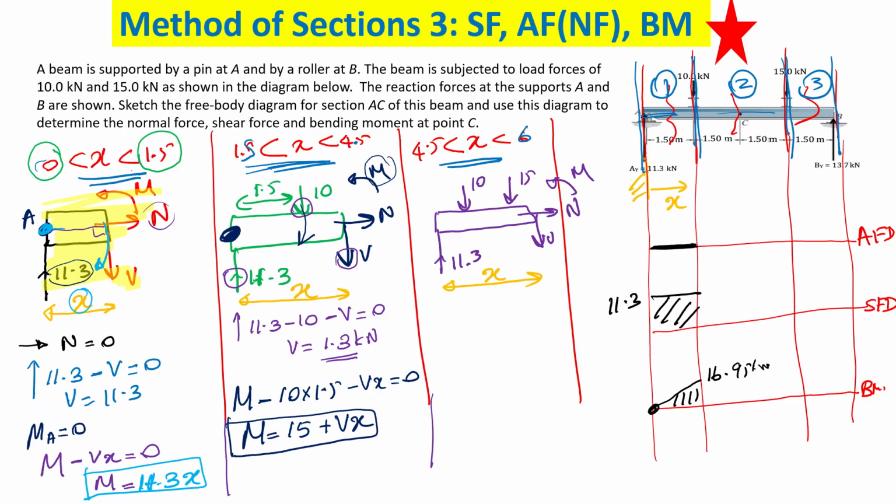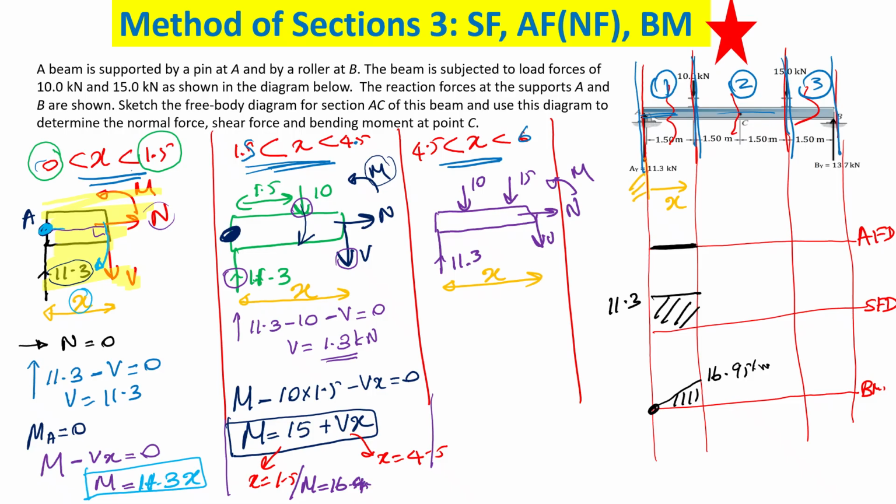So what are the boundary conditions in this case now? X is equal to 1.5 and X is equal to 4.5. So these are the two boundary conditions for that section, isn't it? So what is M? It is 16.95.